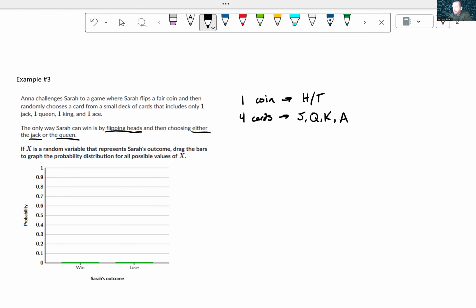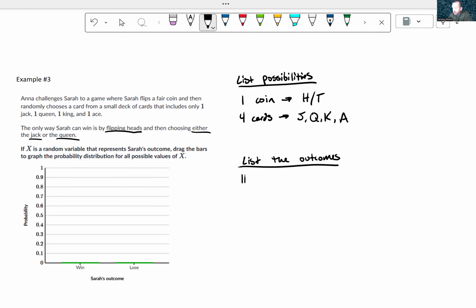Now we're going to list the outcomes. I'm just going to write this here, list possibilities. That way we're labeling what's going on here. Listing the outcomes. So there are many different combinations of what could occur.